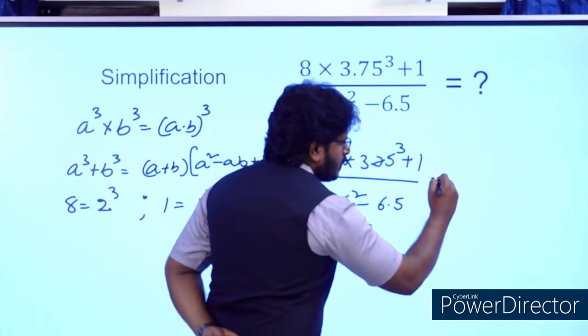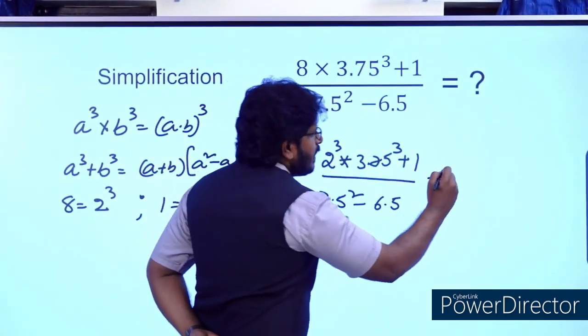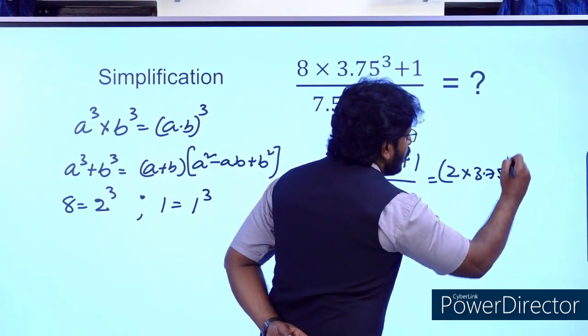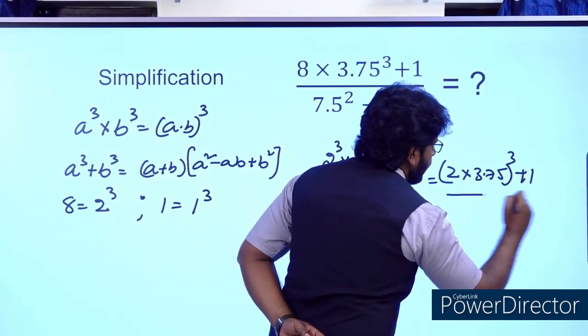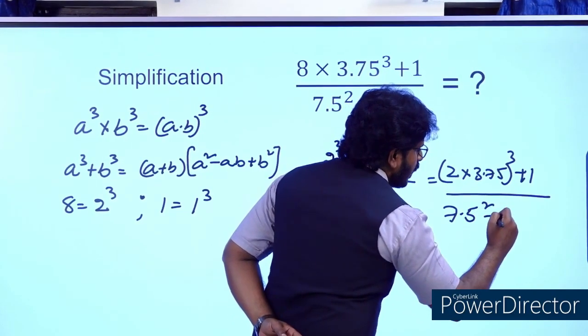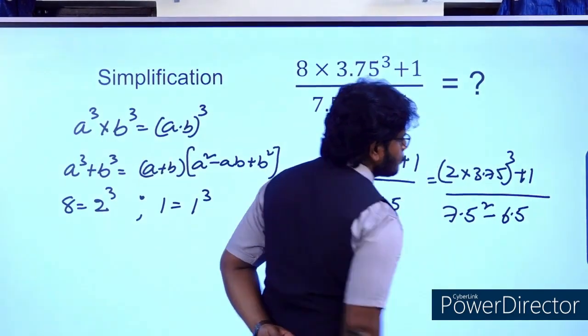Now I am writing this whole thing as 2 into 3.75 cube plus 1 divided by the same denominator 7.5 square minus 6.5.